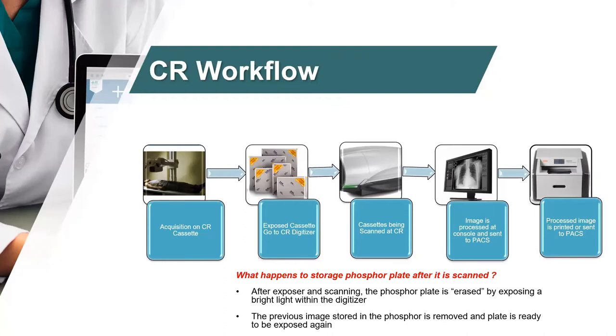The digitizer processes the image, and then it is sent to the PACS and then later on printed. Then there is a phosphor plate in the cassette. What happens to the phosphor plate after the image is produced? The digitizer erases the image after the image is acquired, so that it can be used for the next scan. Next slide, please.